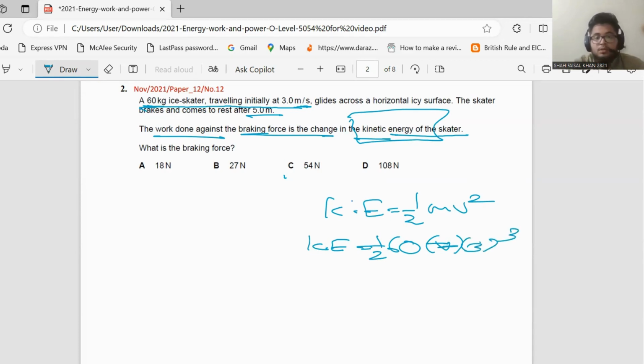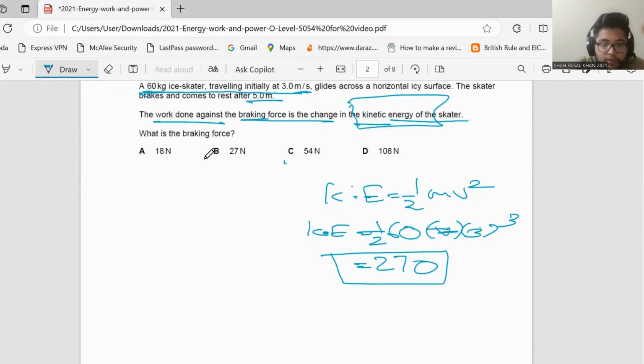So 1 upon 2 times 60 times 3 squared. Let me check it in the calculator. So the answer is 270. Okay, so kinetic energy is 270.